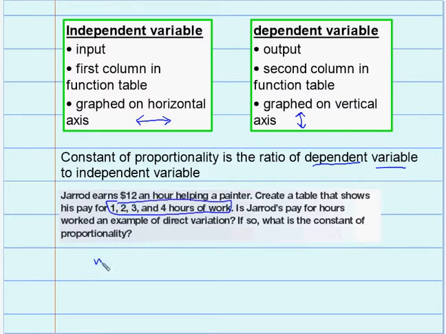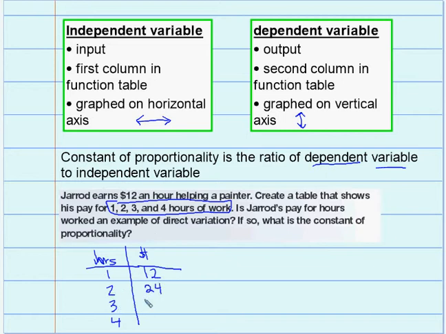So we're going to put hours, and you're going to have 1, 2, 3, and 4. And then you're going to have pay in dollars. For 1 hour, it's $12 an hour, so this is going to be 12. And this is going to be 2 times 12, which would be 24.